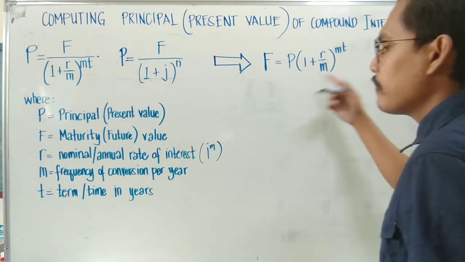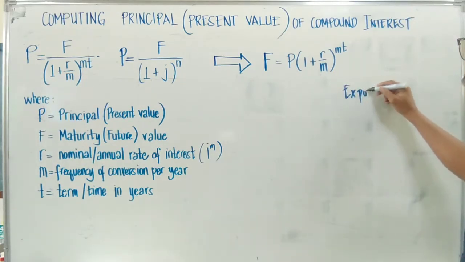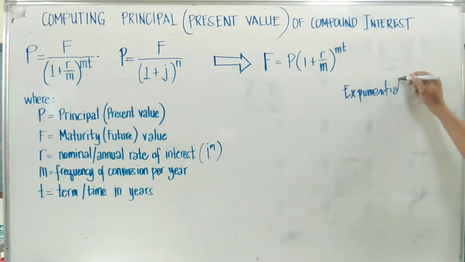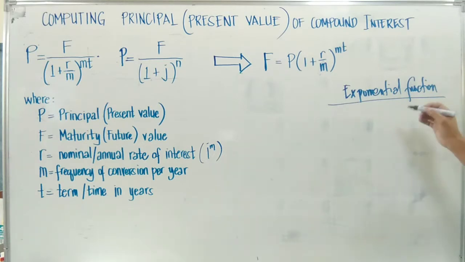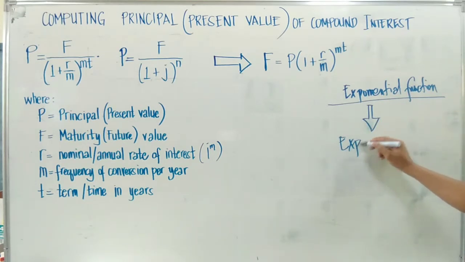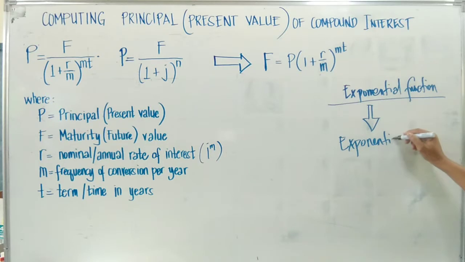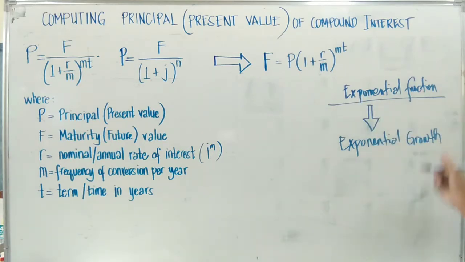Of course, this is an example of an exponential equation, or it can be written in a function form. So it is an exponential function. Surely it is an example of exponential growth. Okay, so we have decay and growth in your exponential function.